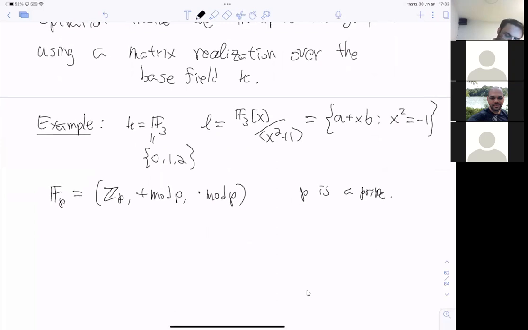So this field L contains 3 squared elements, because you have a and b, and each one can be anything from F3.